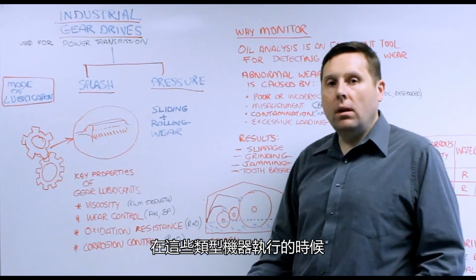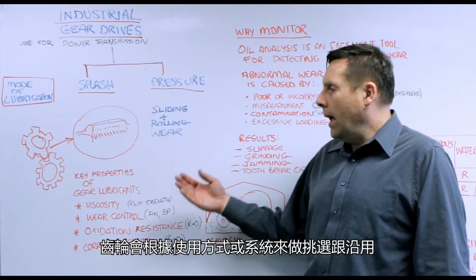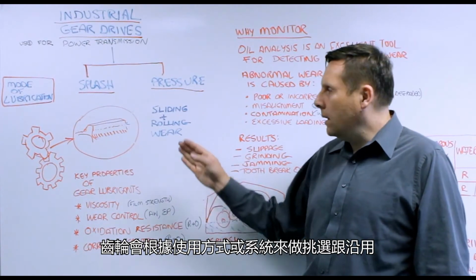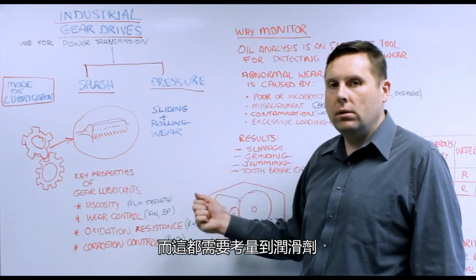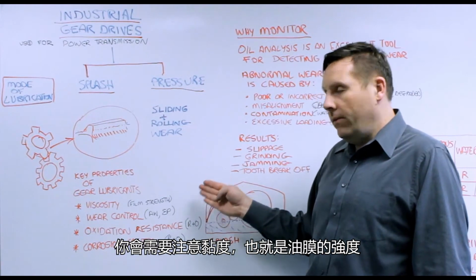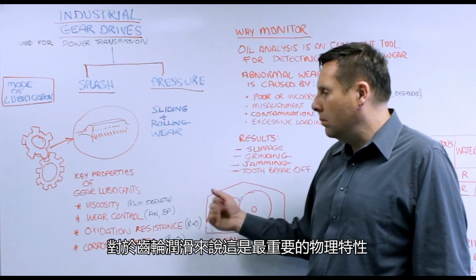Key properties of gear lubricants that are chosen to operate for these types of applications. The gear oils are chosen and developed very specifically for the application or the type of gear system that it is going to lubricate. And you want to consider viscosity, film strength. That's the most important physical property of gear system lubricants.